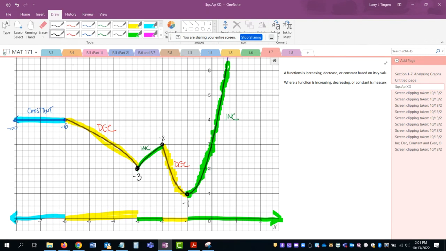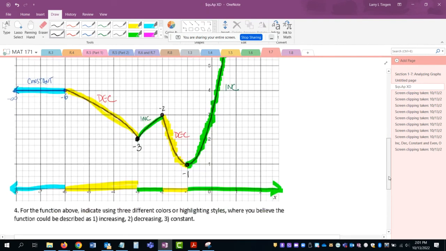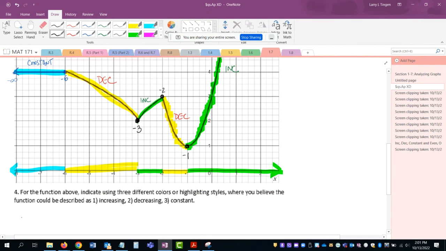So when I write that out, what does it look like? Okay. Well, I'm increasing, and increasing was the green. So I don't start increasing until I get to -3. And then I do that until I get to -2. I'm going to put parentheses around that. That is not a point, that is an interval. Okay, this is x's from -3 to -2, and then I pick it up again on the other side of -1, and I go on forever.